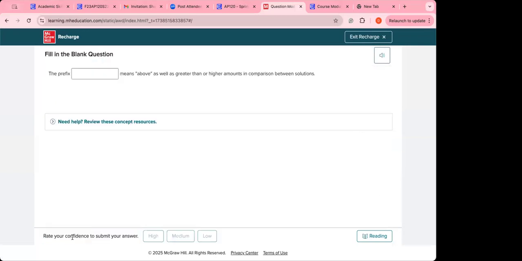Nice. Okay. The prefix blank means above, as well as greater than or higher amounts in comparison between solutions. Which one means greater than, higher than, or more than?